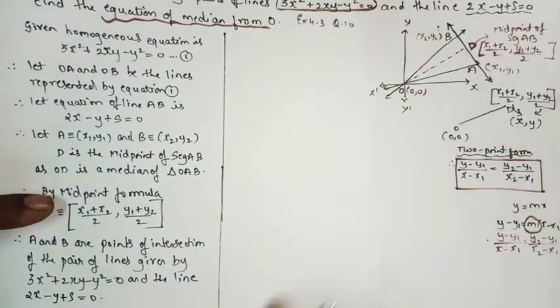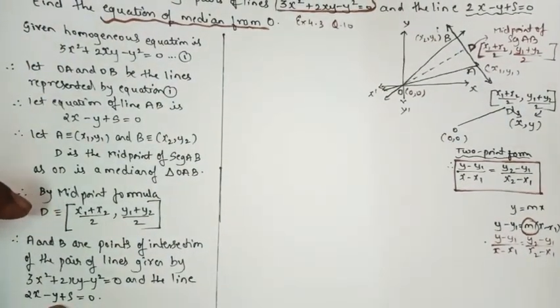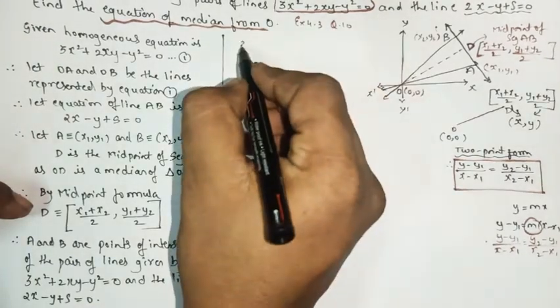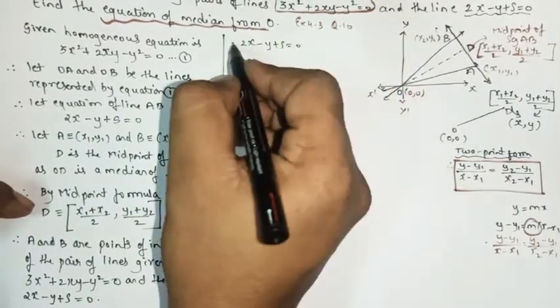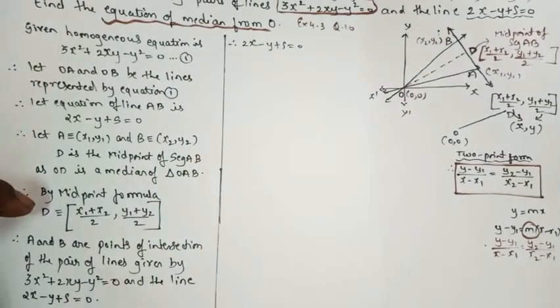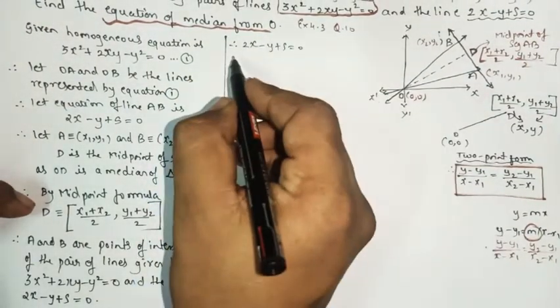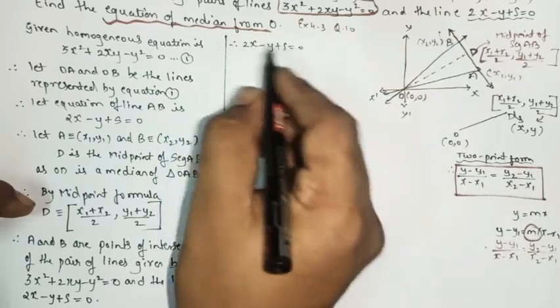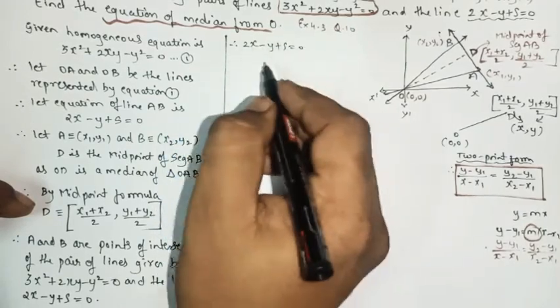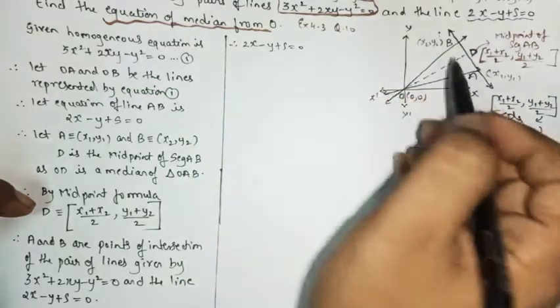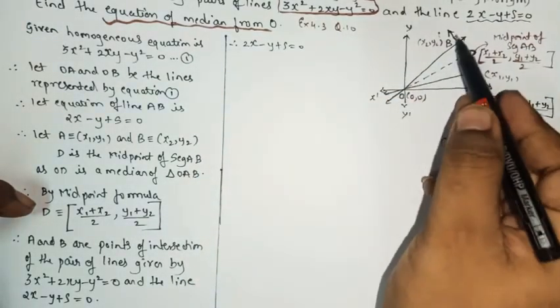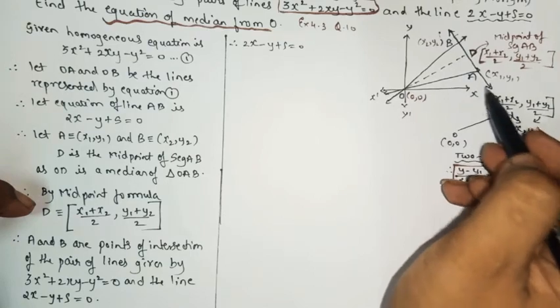As here we have the equation 2x minus y plus 5 equals to 0. Now here we'll prepare one value of x or y, and we know that this line is passing through OA and OB. That means it intersects.